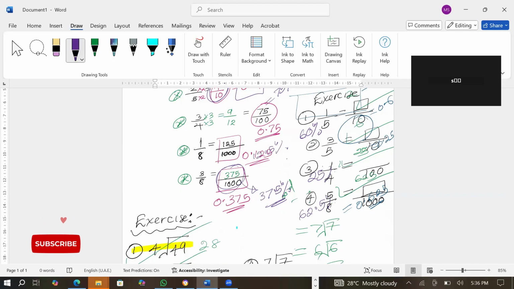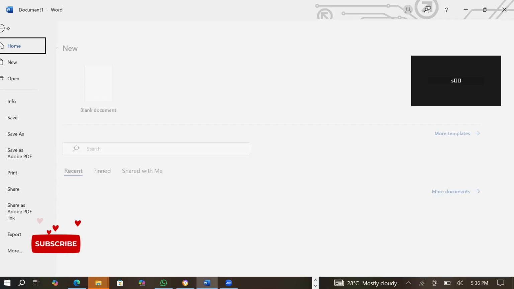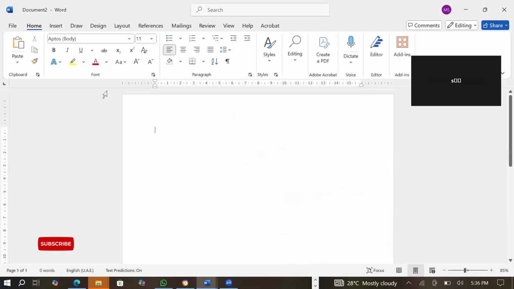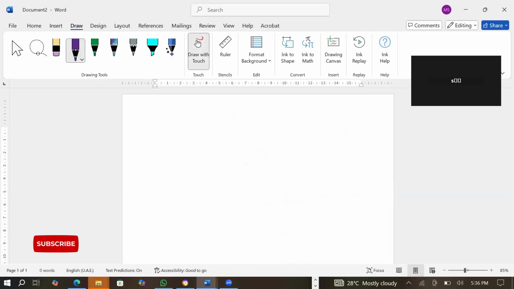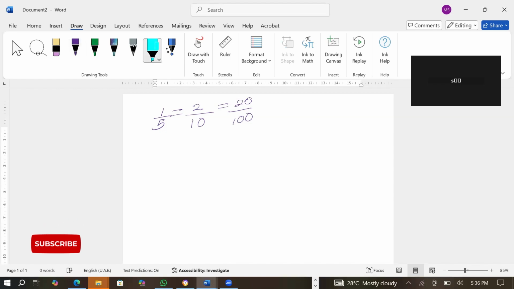We will discuss this more accurately and in a descriptive way. Right? First example is 1 over 5. We will write it as an equivalent fraction with the denominator 10. 2 over 10. That means 20 over 100. So this is the most important part. 20 over 100.